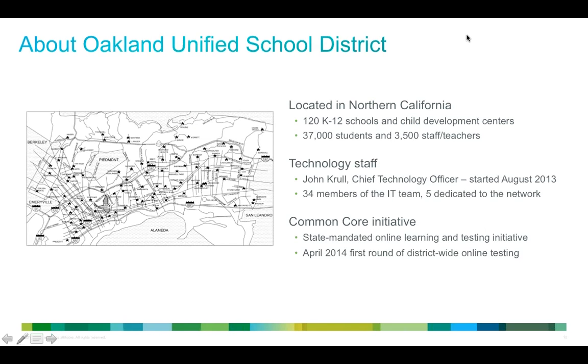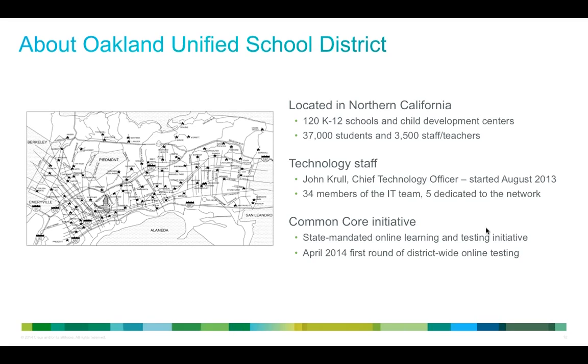To give you a little bit of background about Oakland USD, they're located in Northern California. They have 120 K through 12 schools and child development centers, and across those, together that's about 37,000 students and 3,500 staff and teachers. The technology staff consists of 34 members of the IT team, led by John Krull, the Chief Technology Officer.